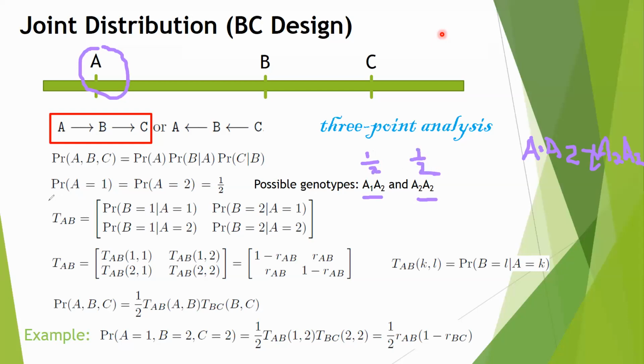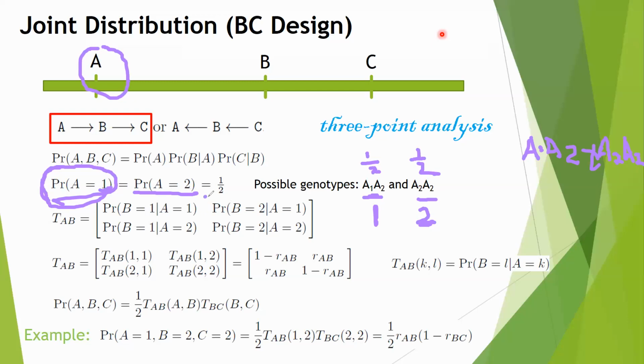That is why we say the probability of A equals 1. If we say this is genotype 1, state 1, and this is genotype 2, state 2, we can easily understand that the probability that the A locus takes state 1 equals the probability that it takes the second state, right?